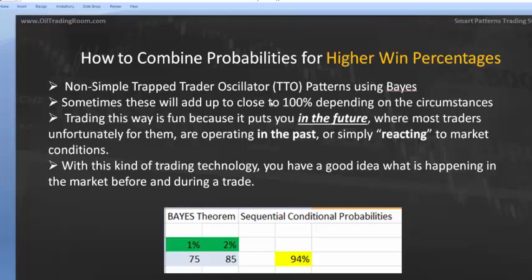And if you have no feedback mechanism for learning, you get into fear and all kinds of other negative emotions that you really don't want to be participating in while you're trading. So it frees you from that reactiveness or just being in the past tense while you're trading. It's really very nice to be able to do these kinds of things. So with this kind of trading technology, you have a good idea what's happening before.